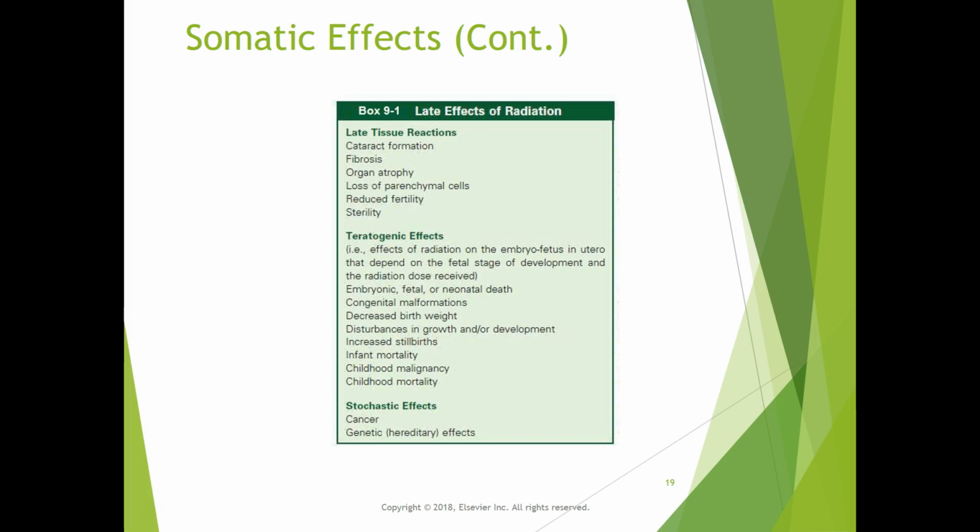Okay, so these are effects that come to fruition, late effects, after a dose of radiation while the victim is pregnant, okay? And these are all the manifestations that can occur for that fetus or embryo.